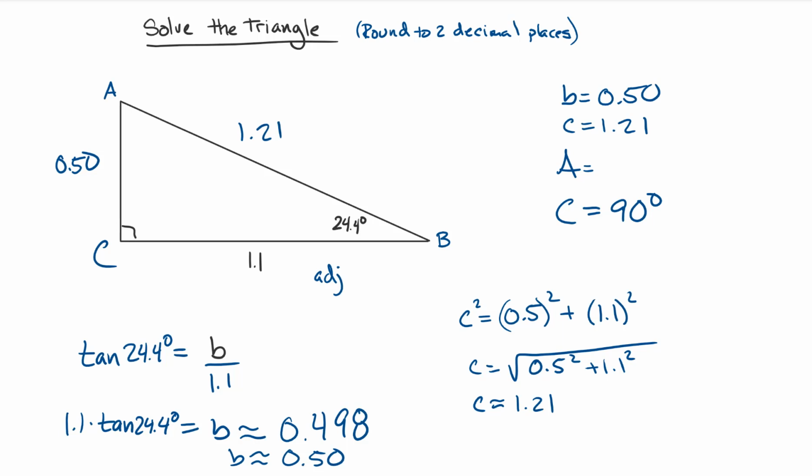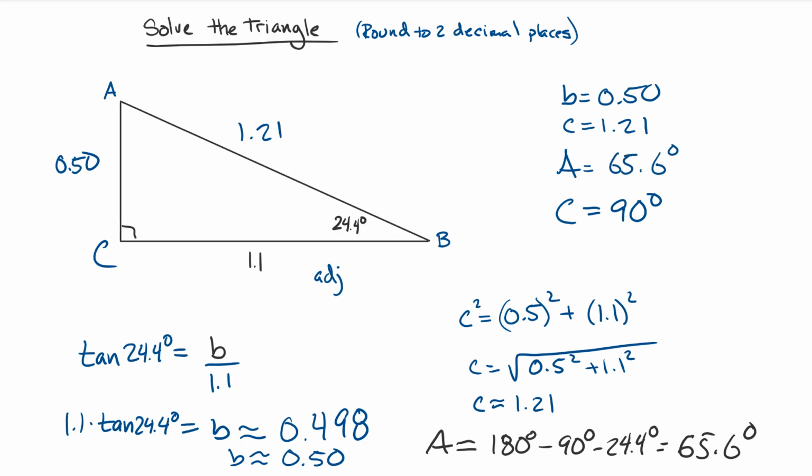So let's get A. A is equal to 180 degrees minus that 90 degrees minus that 24.4 degrees. What's 90 minus 24.4? And we get 65.6 as our answer. So there we be. Solved out.